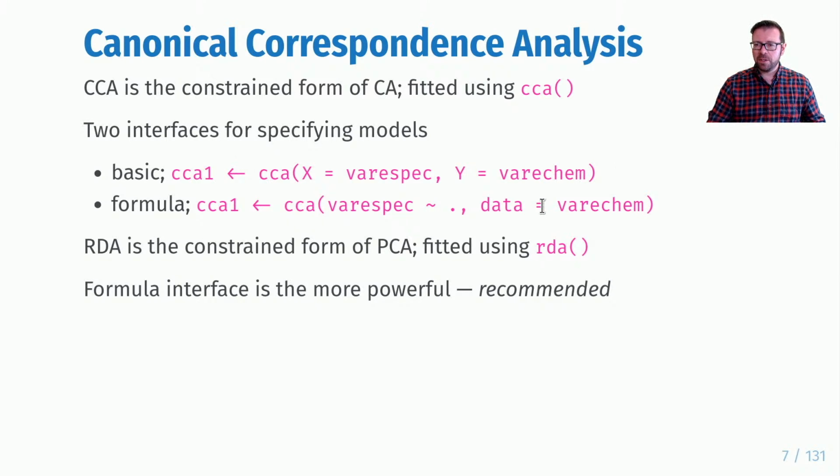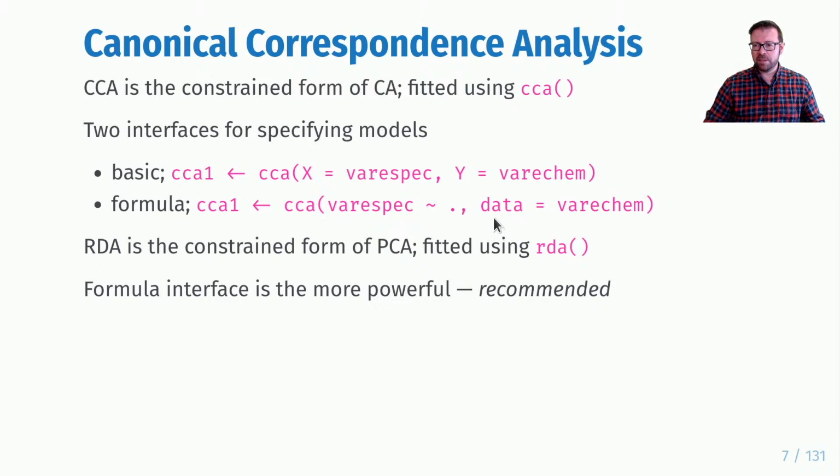But it's better to use the formula interface, and I'm showing this here. The only difference between the formula interface for CCA and RDA is that we put the entire data frame of our response variables, in this case our species, over here on the left-hand side of the formula. And then if you want to do the really bad thing, which is to fit a model with all of your environmental variables, then you just put this dot on the right-hand side of the formula.